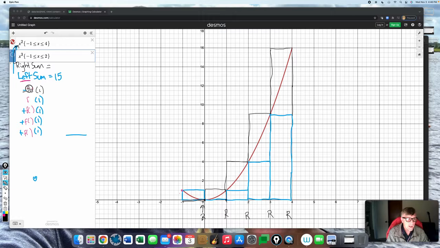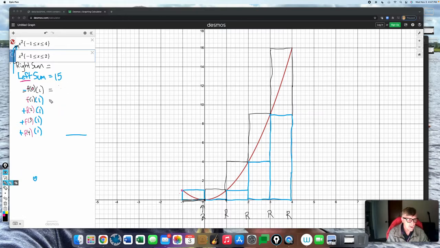this would be f of 0 to start with, and then f of 1, and then f of 2, and then f of 3, and then f of 4, right? And what that turns out to be equal to is 0 times 1, so that would be 0.